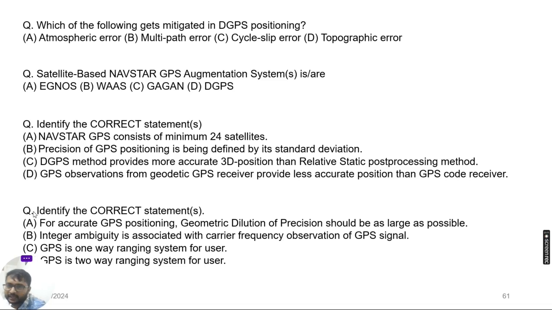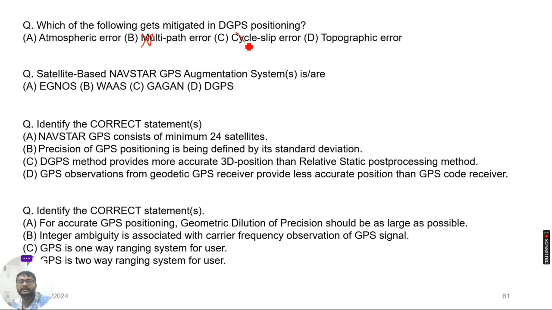Then we have: which of the following gets mitigated by DGPS positioning? We already know that whatever error is common between the base station and rover station will get nullified in DGPS positioning. Multipath error is near the receiver, so it might be different for both stations and cannot be mitigated by DGPS.